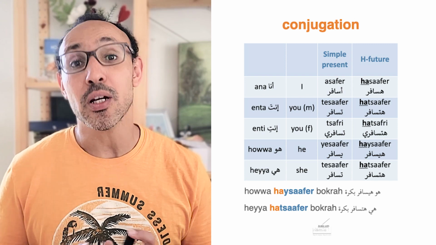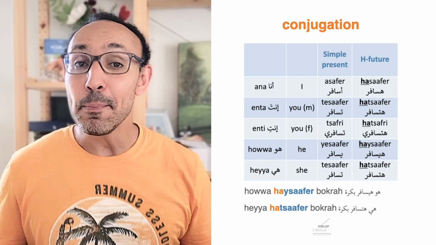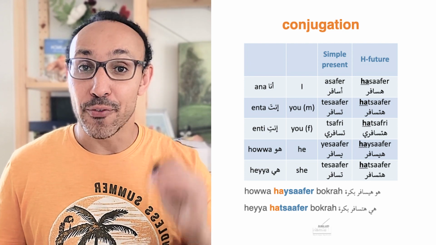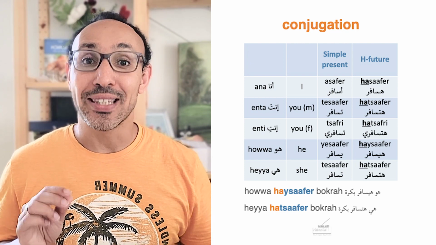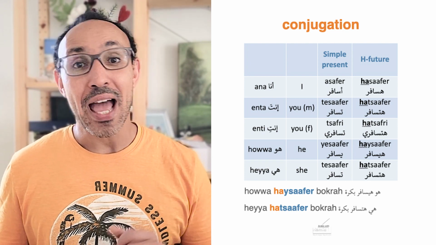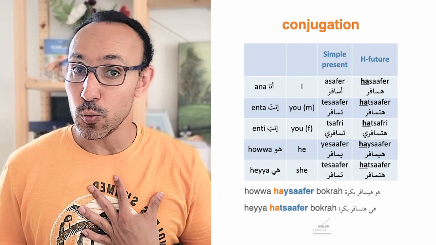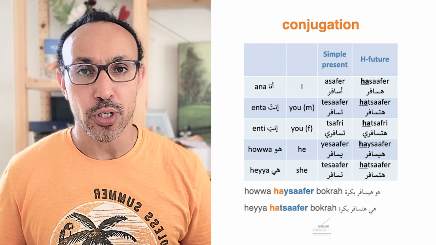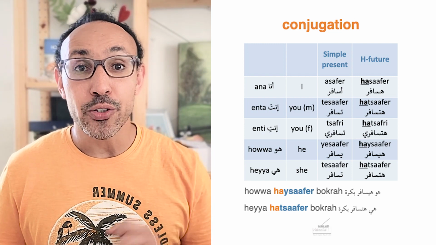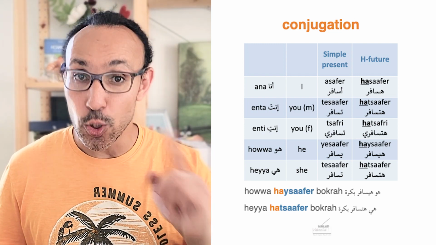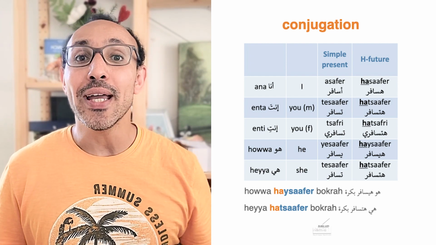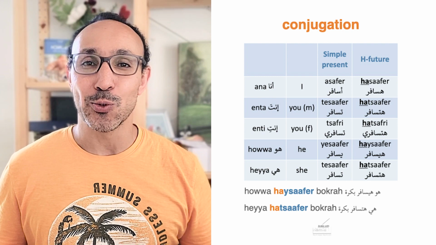Okay, so I am gonna conjugate the simple present and also the H future for the verb يسافر with different pronouns. So I have here the pronouns I, which is أنا, you, and in Arabic and spoken Egyptian, you is gender sensitive. So you say أنت for male if you are talking to a male, and أنتي if you are talking to a female.